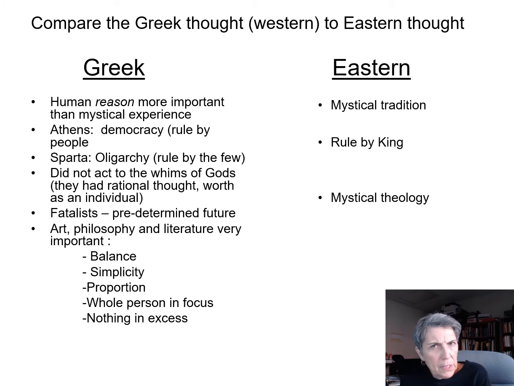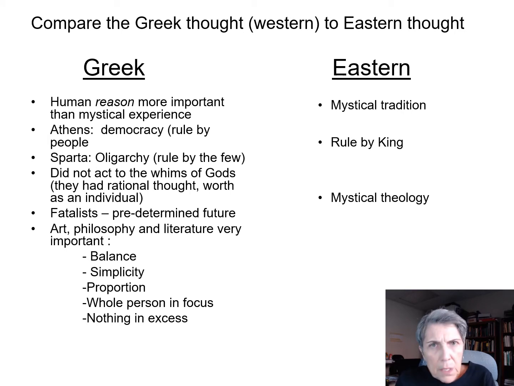You do have different cities like Sparta and Athens. Athens was democracy. Sparta is oligarchy, which means ruled by the few. Okay, does that sound familiar? And reason is more what's happened, they're going to move towards reasoning.